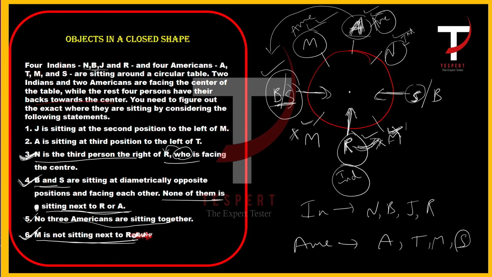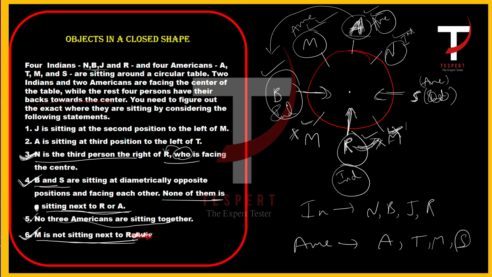So S shouldn't come here. So B will take this position and S will take this position, right? So S is American and B is Indian.